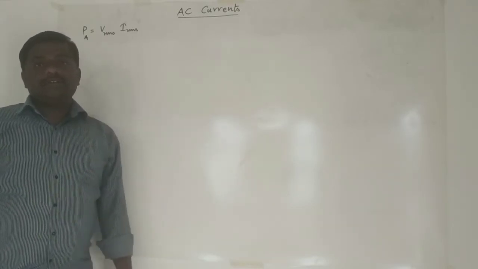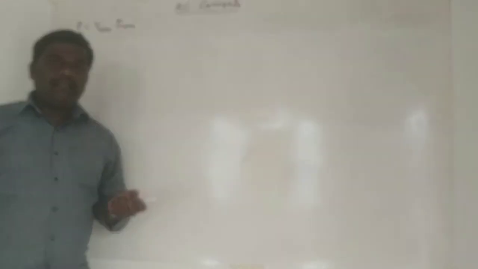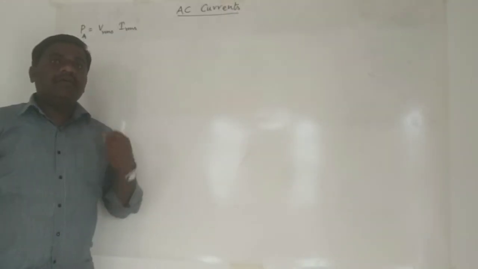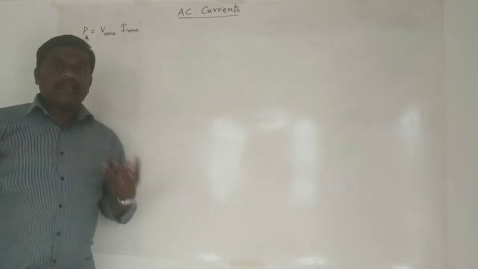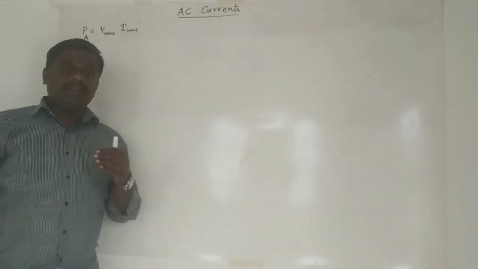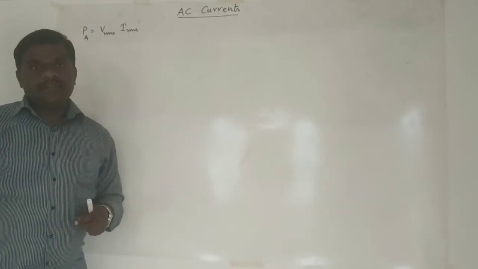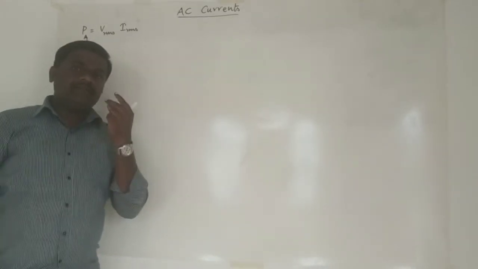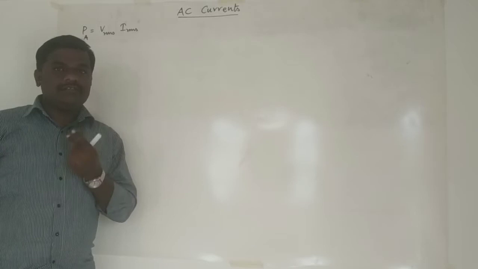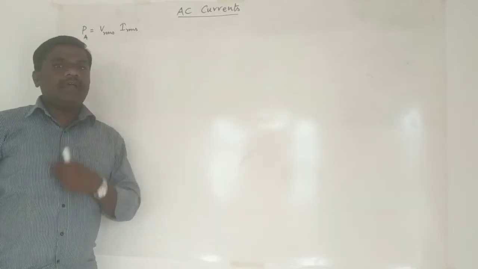In a house you can find so many electrical appliances. Based on the appliance category, some appliances may require more current, some less. I will take two examples. One is the electric heater, known as a geyser. The second is the electric fan.